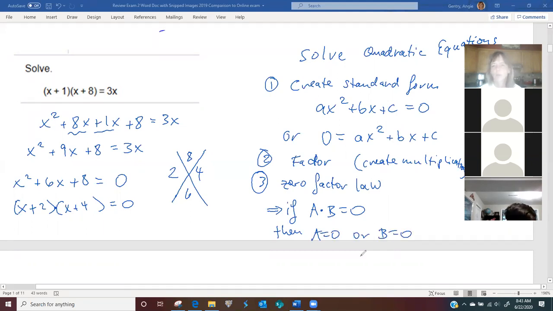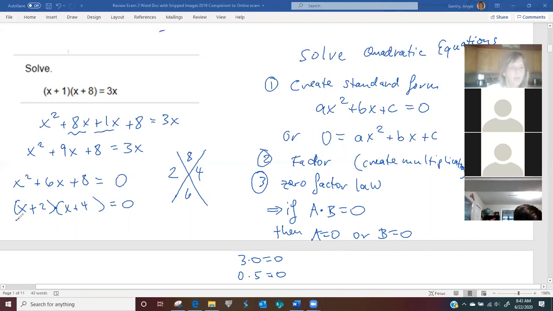Because I'm telling you, if you multiply two things together, 3 times 0 is 0, or 0 times 5 is 0. You see how when you're multiplying two items or even more of them, if any of the factors is 0, it makes that statement true.